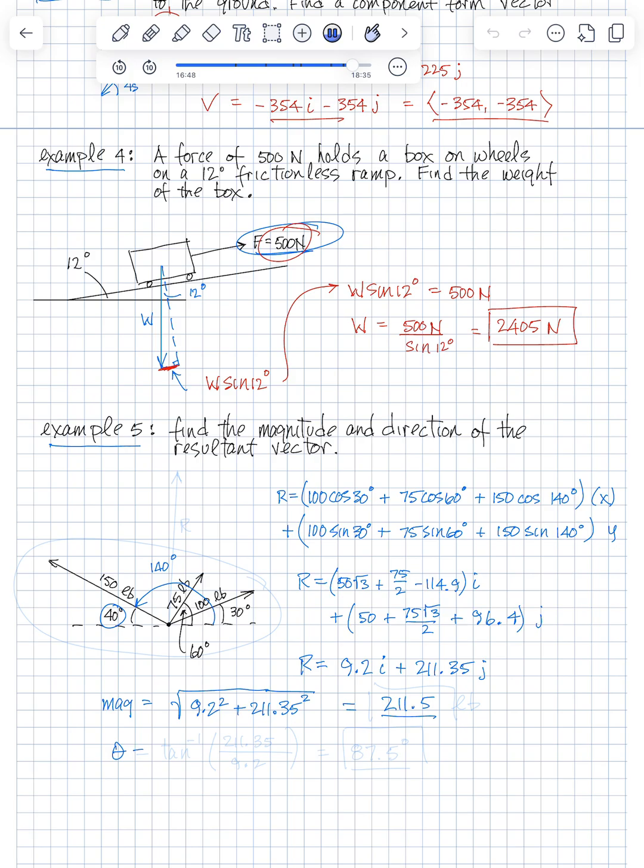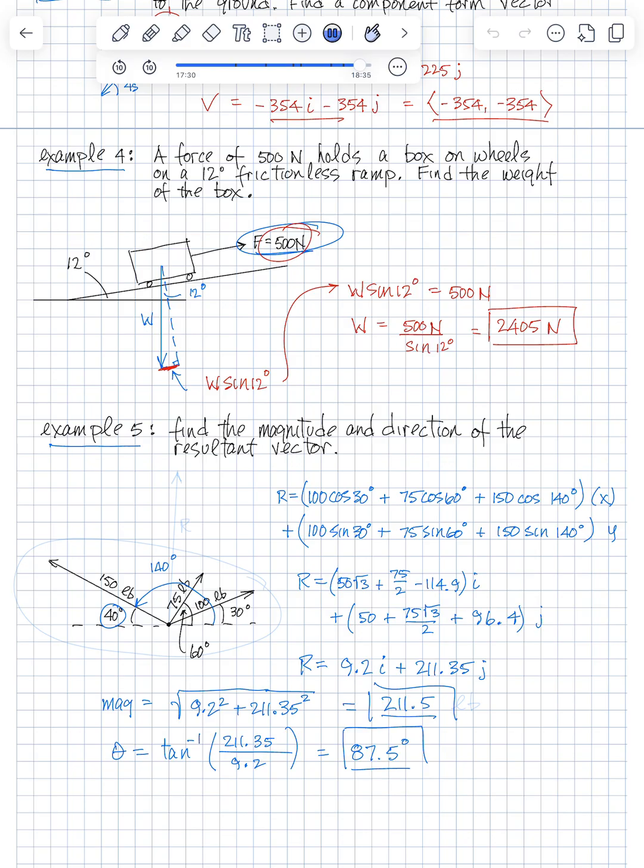So theta is equal to the arctangent of the y value, or j value, over x. So it's going to be arctangent of 211.35 over 9.2. And that turns out to be 87.5 degrees. So here we have the magnitude and the angle of the resultant vector.